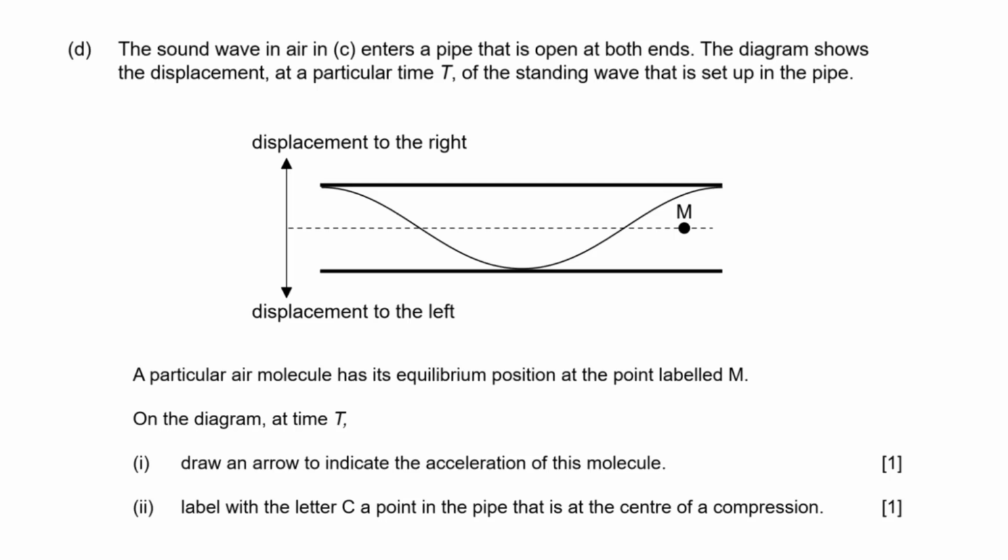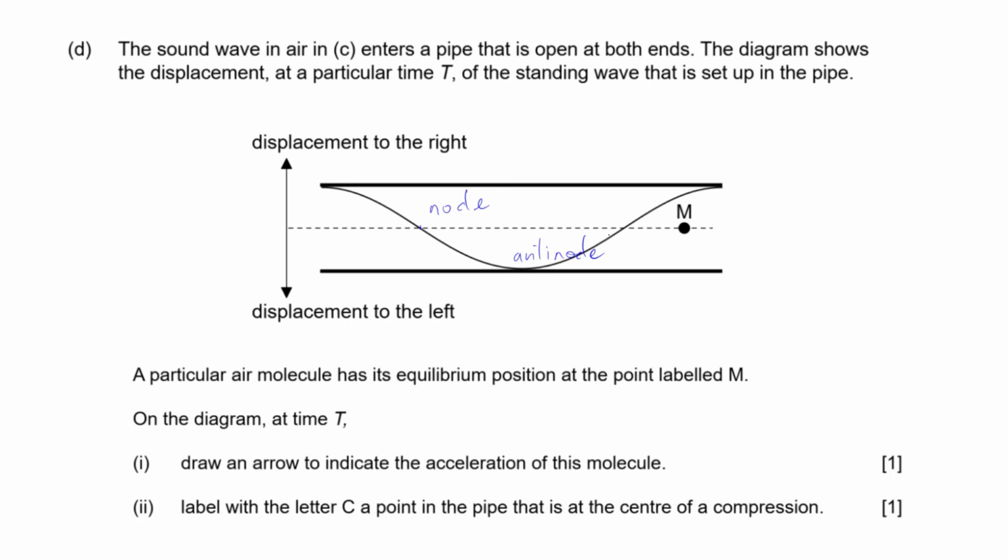Question D. The sound wave in air enters a pipe that is open at both ends. The diagram shows the displacement at a particular time t of the standing wave that is set up in the pipe. You see the diagram here. This is a node and this is an antinode.